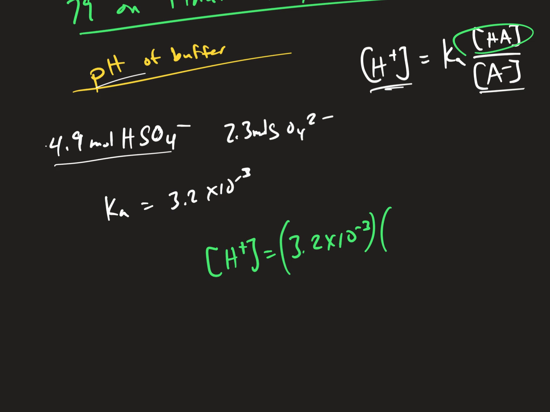Do y'all understand that, or do I need to show you that? Okay. 4.9 moles of my HSO4 minus, divided by the 2.3 moles of my conjugate base.